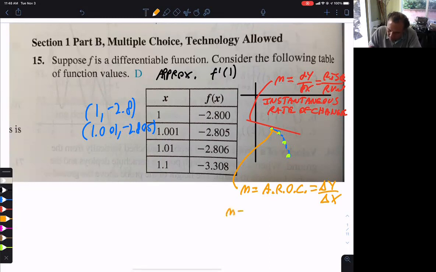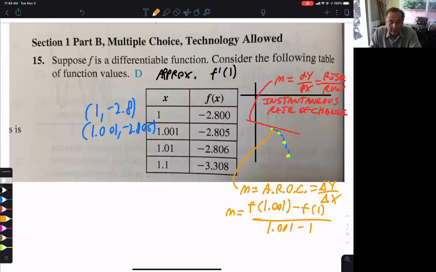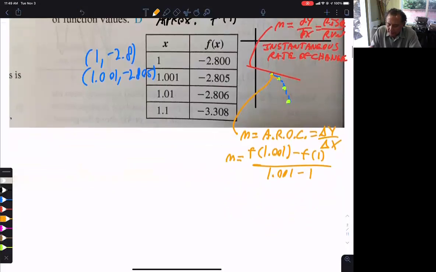So the slope of that line will be f at 1.001 minus f at 1 over 1.001 minus 1. It's f of b minus f of a over b minus a, average rate of change or the slope of the secant line.